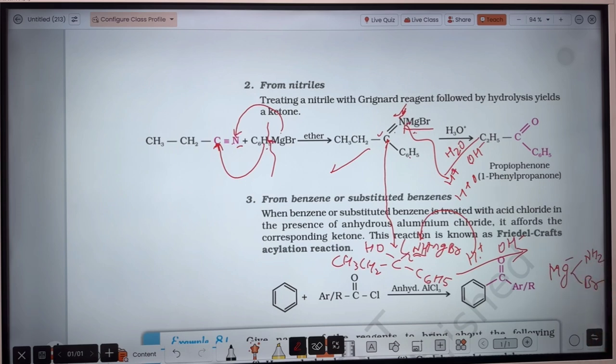Now the OH part will bond to this carbon, so two OH groups will be bonded to the same carbon atom. That will release H2O, and this oxygen will form a double bond here. So there will be formation of ketone. There will be this oxygen and this carbon with a double bond to this acyl carbon atom. One side there is ethyl and one side phenyl.